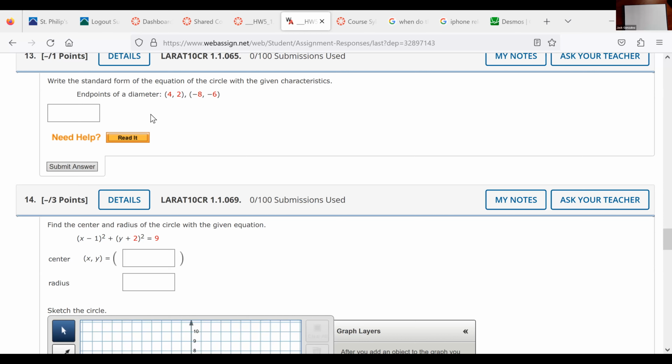Because it says the endpoints of a diameter. So if I get a distance, then I'll know the size of the diameter. And we all know that half the diameter is radius, right? So once we have that, we could figure out the rest. So first things first, find the center. Let's do this one on paper. This is a lot of little details.